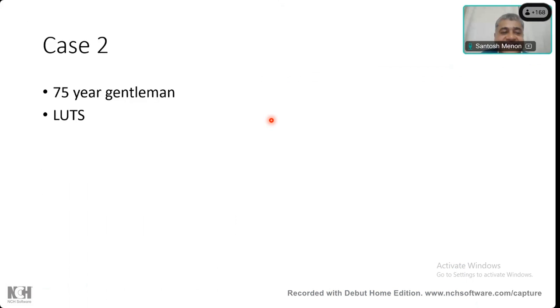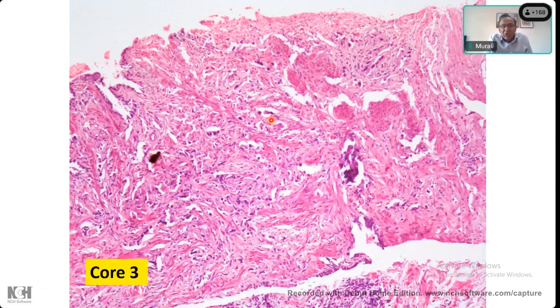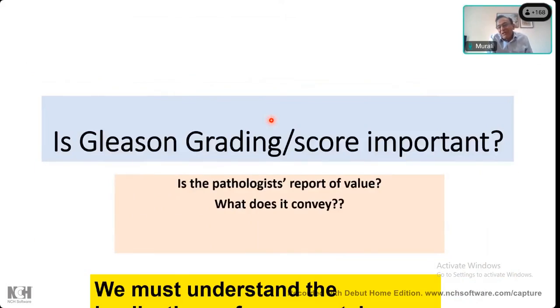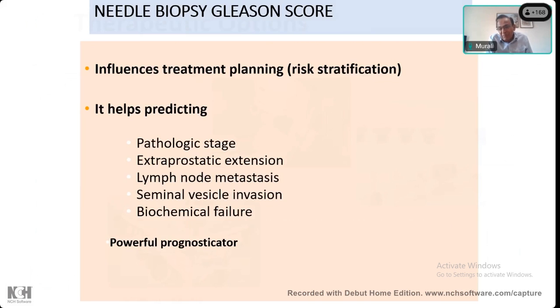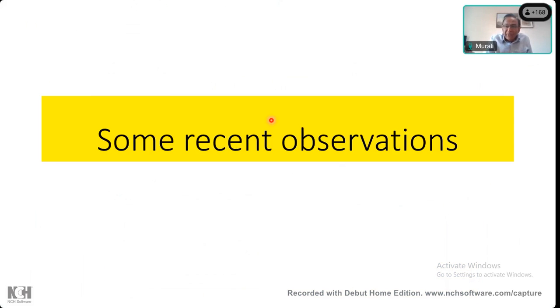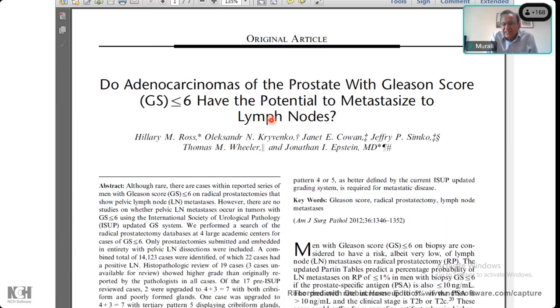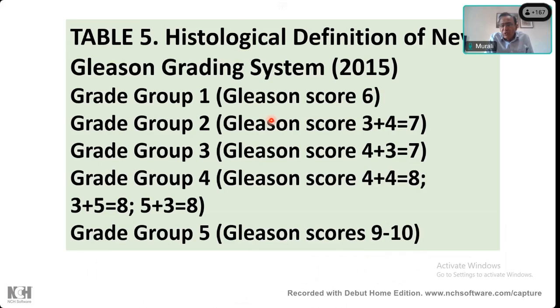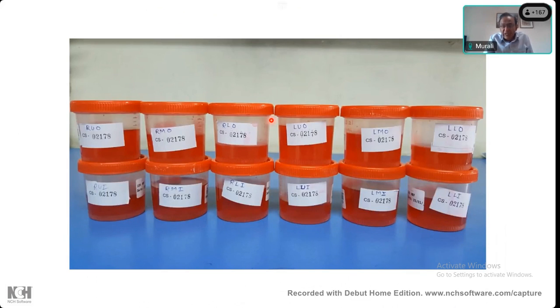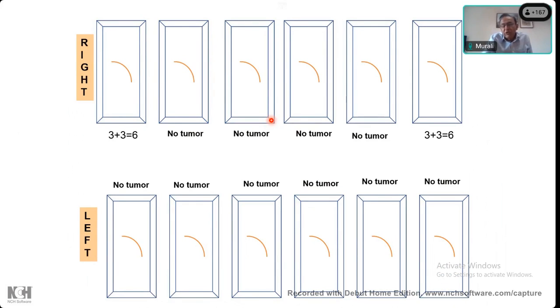As I said, 50% of a 3 millimeter core is very different from 50% of a 20 millimeter core. So even Hopkins do not use a percentage for active surveillance anymore. So take this with a pinch of salt. Report it if that is your protocol.